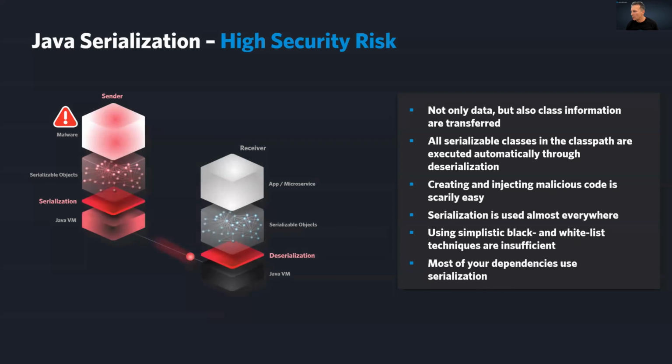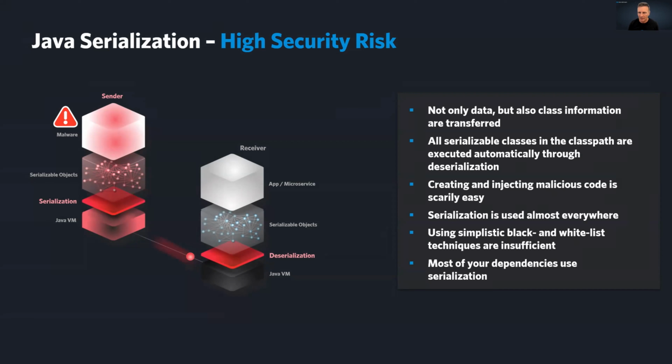The core problem is that Java serialization executes code automatically through deserialization, and with MicroStream we build the persistence layer, and the concept is to store Java objects by using serialization. So the question now was, can we use Java serialization for that?